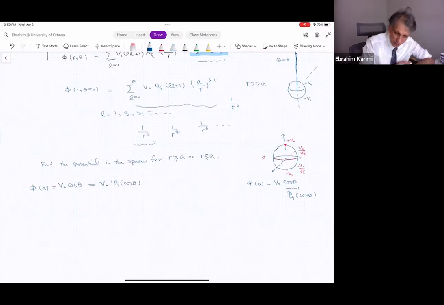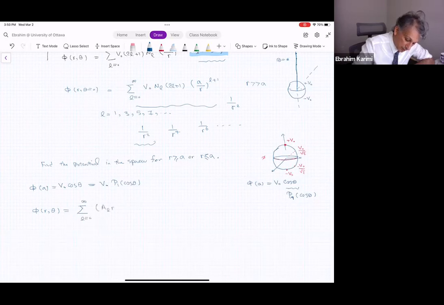Based on the discussion that we had, the potential will be only a function of theta and r. Therefore, I am expecting that the potential of r and theta will be given by the summation of L from 0 to infinity of A_L r to the power of L plus B_L divided by r to the power of L plus 1, times P_L of cosine of theta.